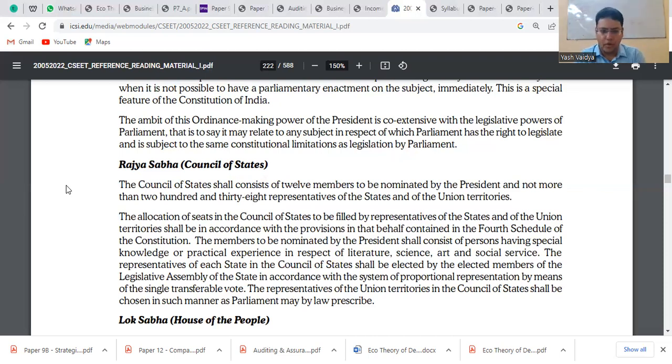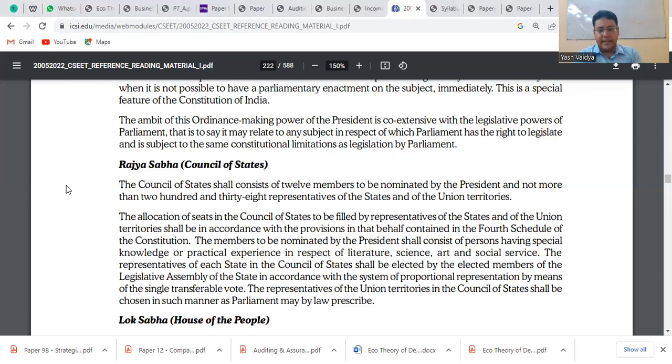Okay. The members to be nominated by the President shall consist of persons having special knowledge or practical experience in respect of literature, science, art, and social studies. So the people who have done a lot of work in these kinds of fields, the President can nominate such 12 people.